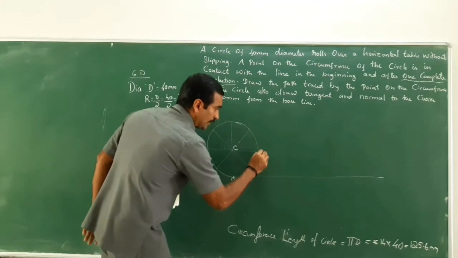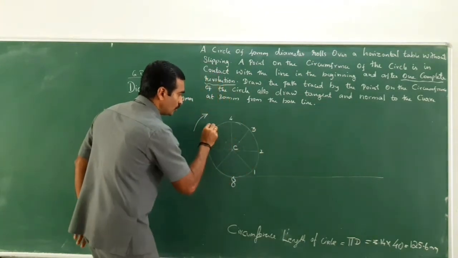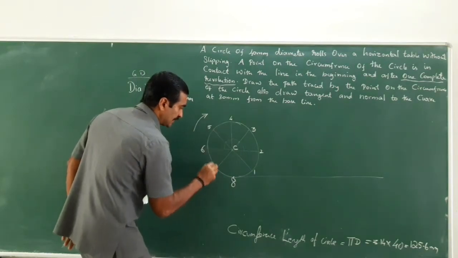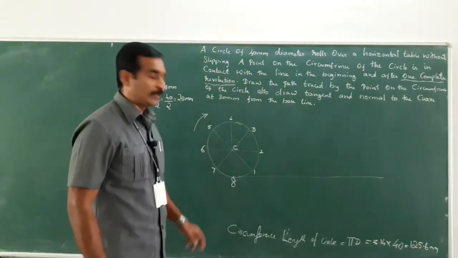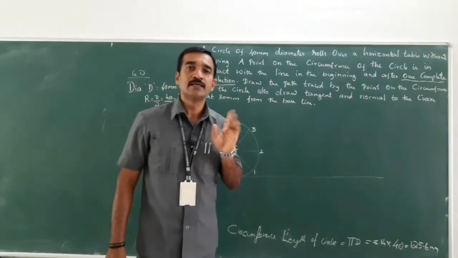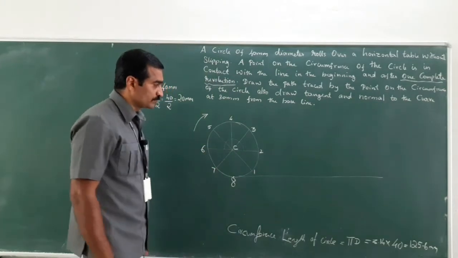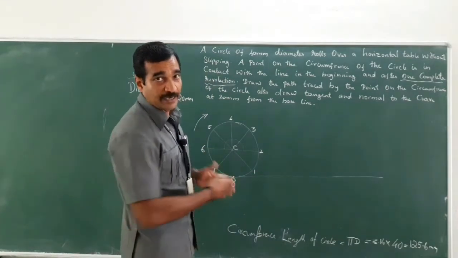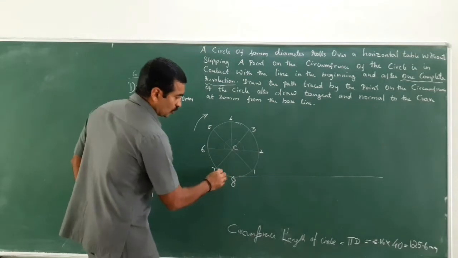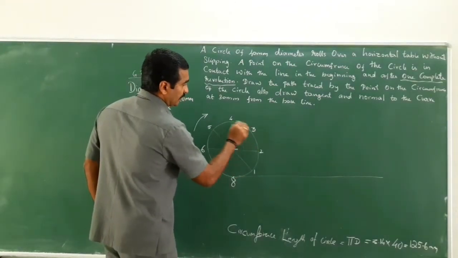So, it starts with 1, 2, 3, 4, 5, 6, 7, and the contact point of the rolling circle and the baseline should always be 8.